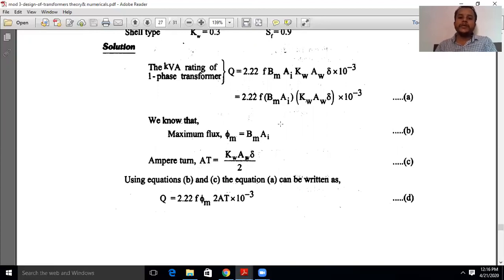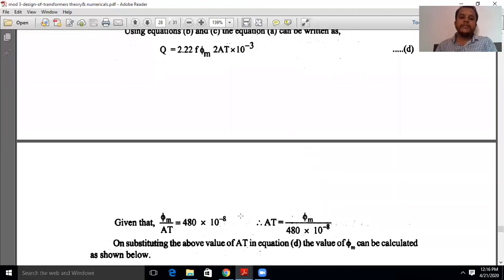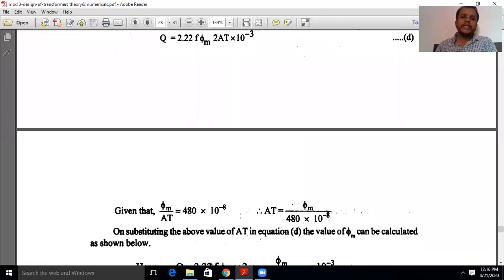In this case, we just have to put Bm as phi m, and whatever the KW AW delta is there, so it is 280. Just put it this way. Now, given that phi m by AT is 480 into 10 raised to minus 8, AT will be phi m by 480 into 10 raised to minus 8.